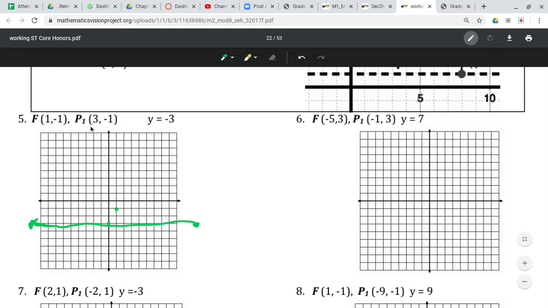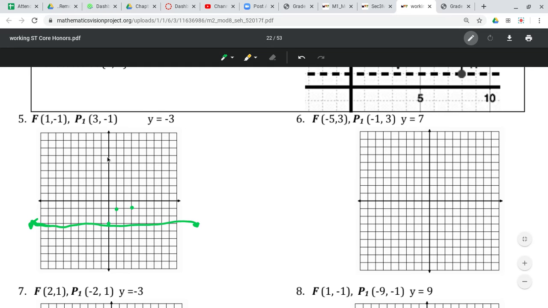And then our point is (3, -1). So 1, 2, 3, -1. Okay, so, hang on, did I graph that right? Yeah, okay, sorry, got myself a little confused. I thought I graphed it wrong.